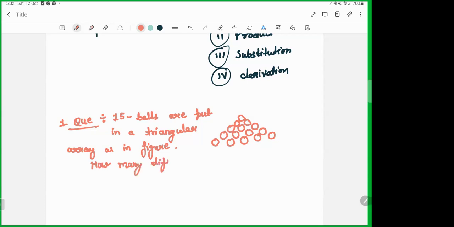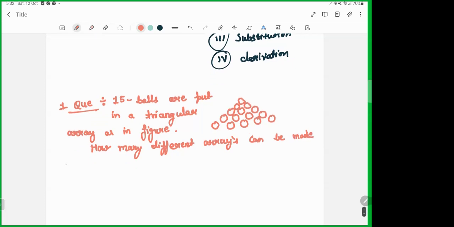How many different arrays can be made with three distinct colors if the array is free to rotate?